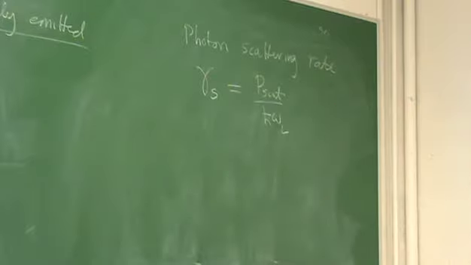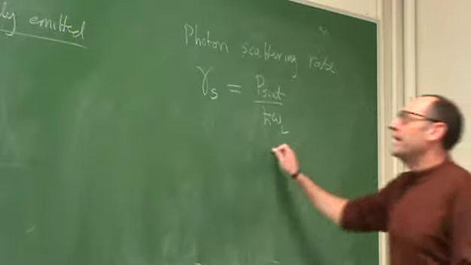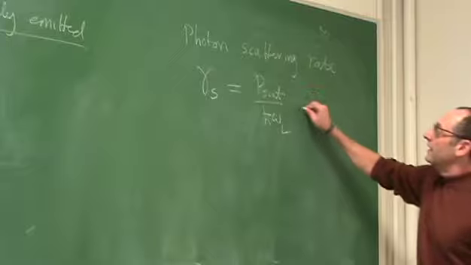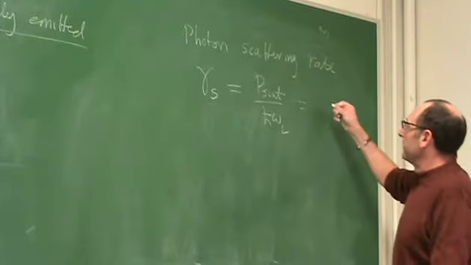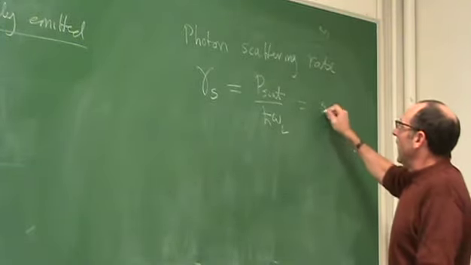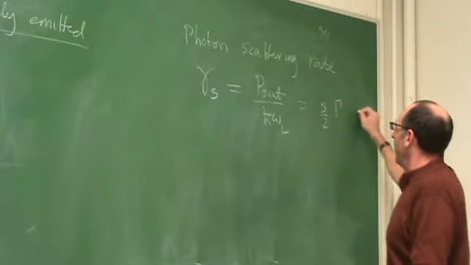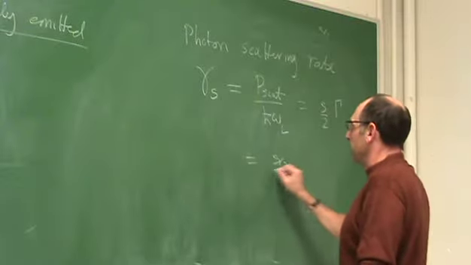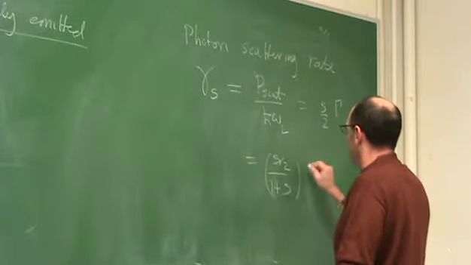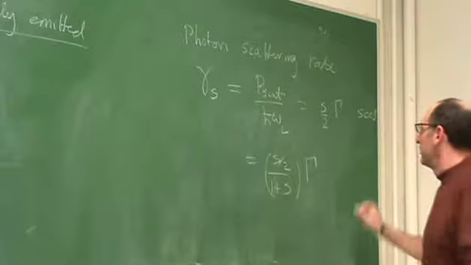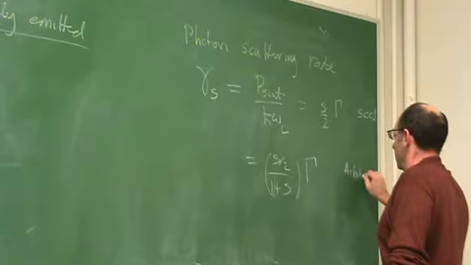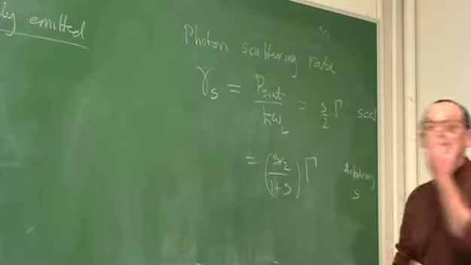That's the rate at which photons are scattered. The scattered power is h bar omega times the rate of scattering. And that is given by, in this case, s over 2 gamma for s much, much less than 1. Or more generally, it's s over 2, 1 plus s, times gamma for arbitrary s.